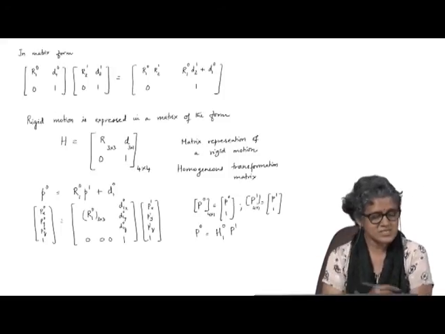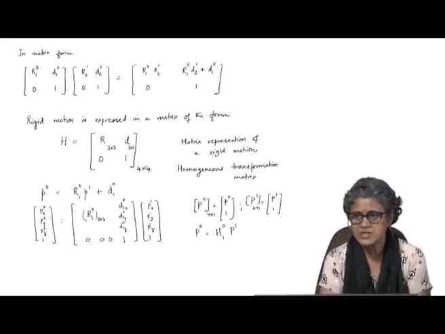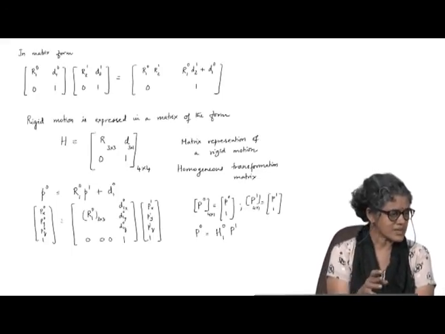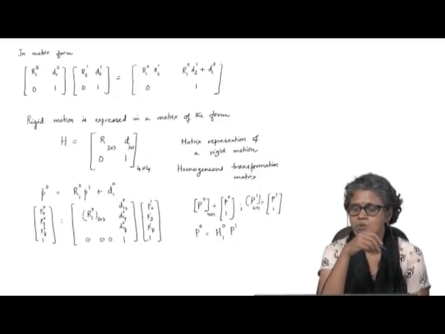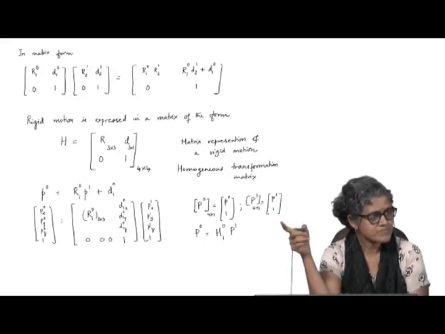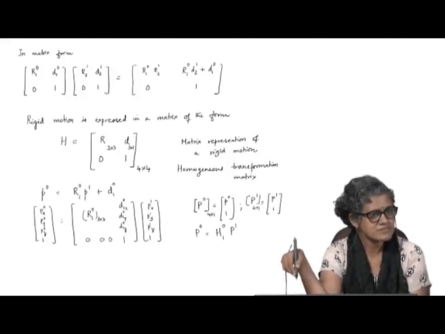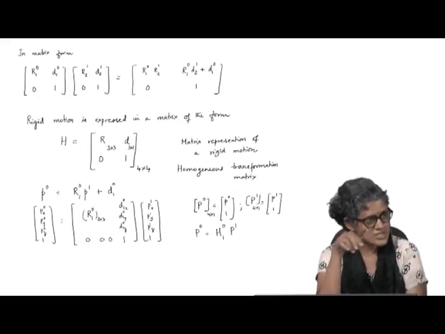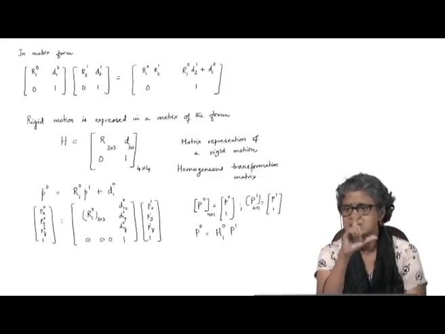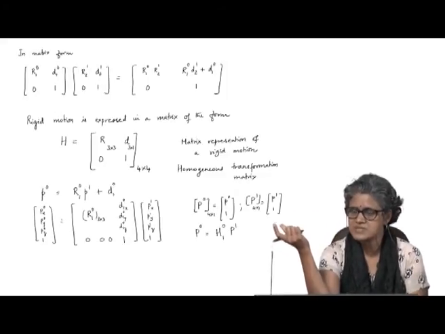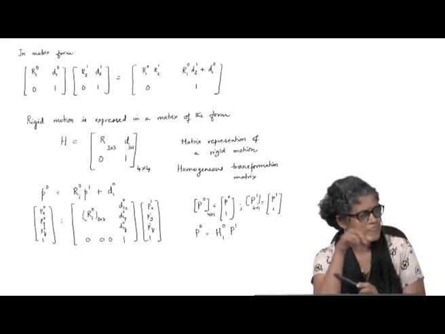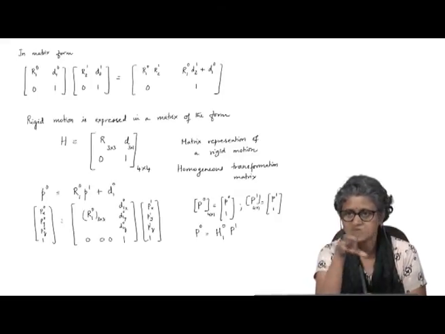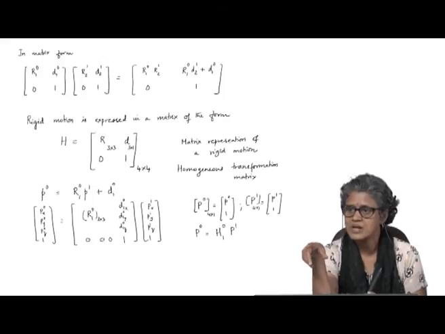So, here you would attach these coordinate systems to the individual links, so that they rotate with the link, and then you would relate the coordinate systems to one another through these transformation matrices. So, that takes into account the rotations of the links, because you are now expressing everything in terms of these transformation matrices, which contain the information about the relative orientations and displacements of these links with respect to one another.